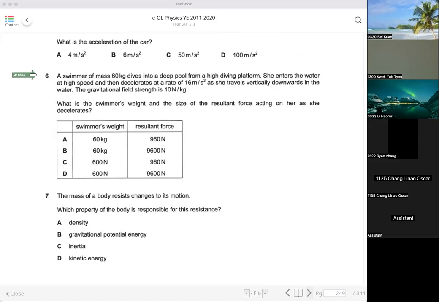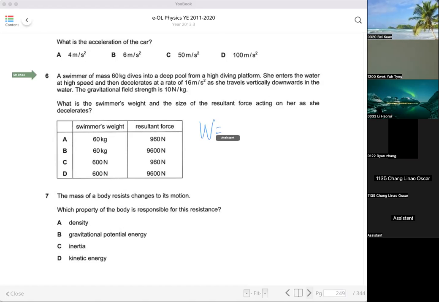Let's see how many of you got it correct. Well done to Huai Xin. Very good. First to get correct. Hao Rui, well done. Oscar, well done. Yiting, well done. Bei Kuan, can you try again? Okay, who's the last student? Bei Kuan, well done. Who is the last student? Okay, everybody has answered.